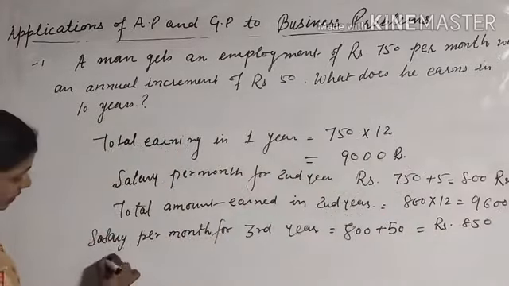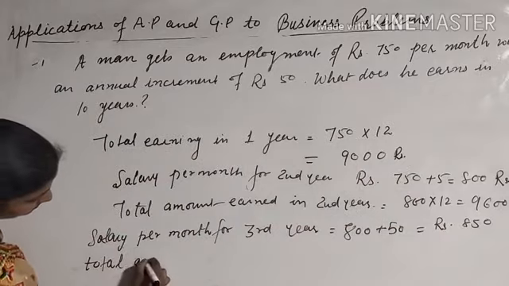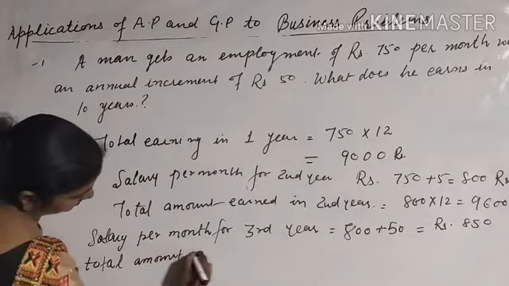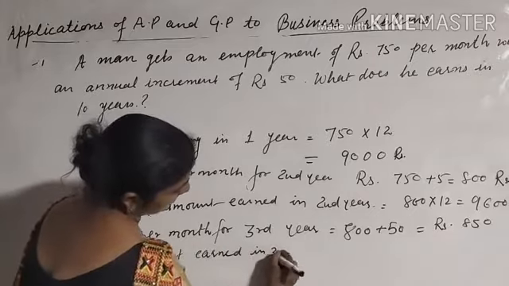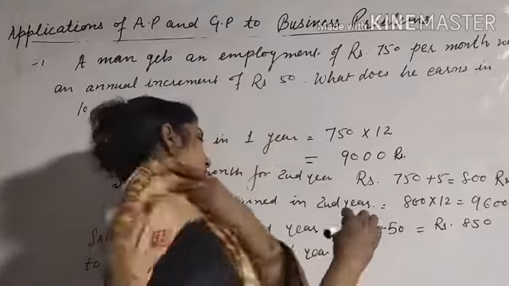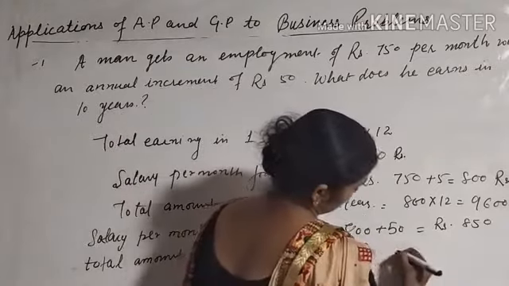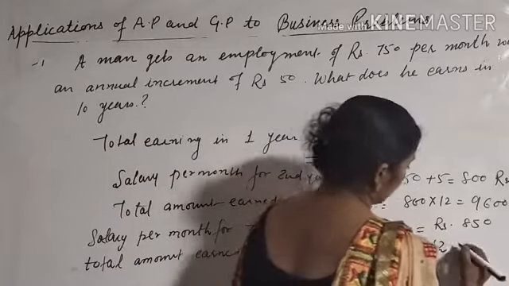Now the total amount earned in the third year is rupees 850 into 12.